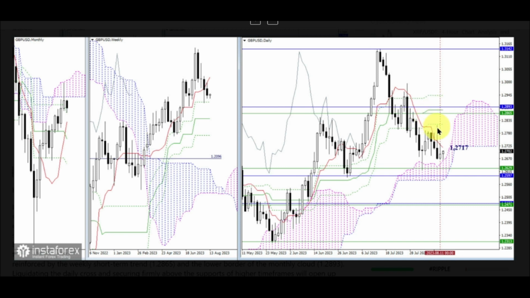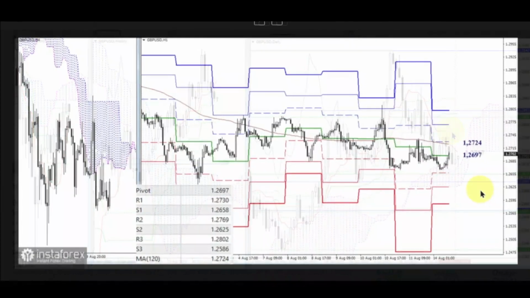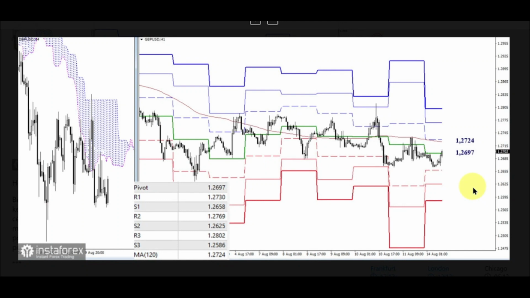Liquidating the daily cross and securing firmly above the support of higher timeframes will open up other bullish targets. Bears currently have the advantage on the lower timeframes, but the market has been lingering near key levels for a long time, interacting with them.